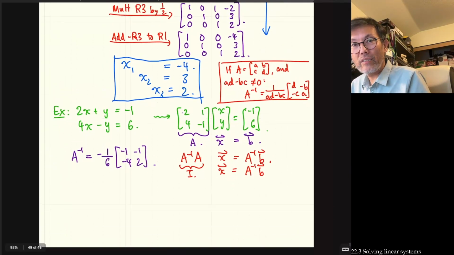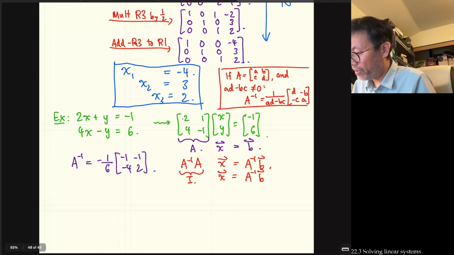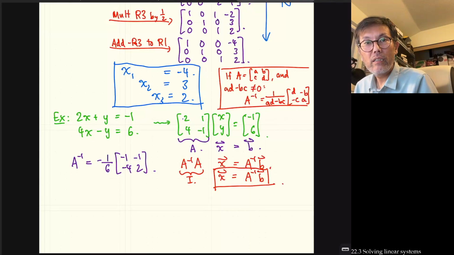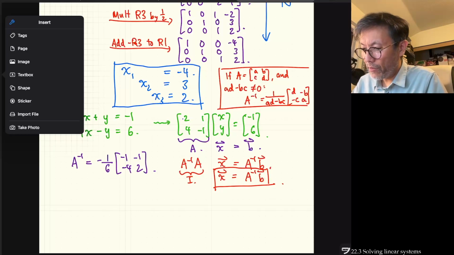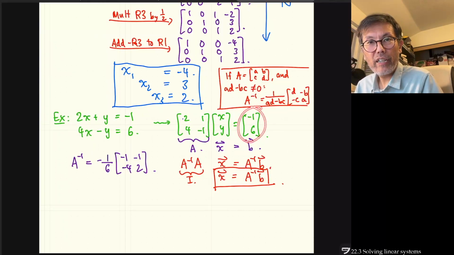What that means is that we have a solution for X. It's simply A inverse B. What's playing the role of B here in this problem? Negative 1, 6. Okay?